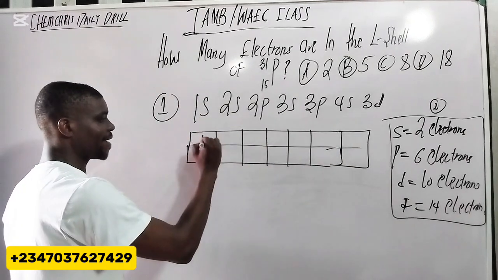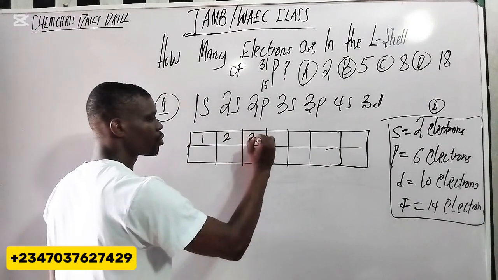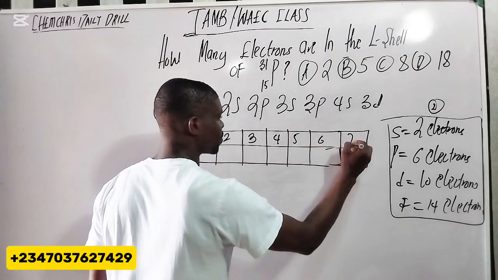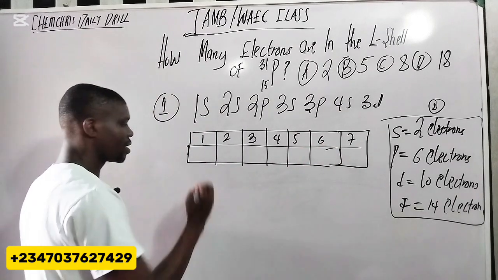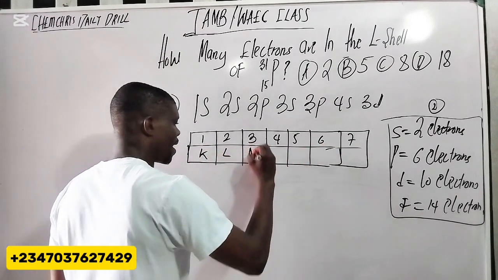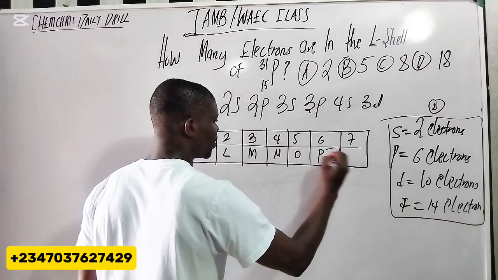So we have first energy level, second, third, fourth, fifth, sixth, and seventh. Each of them can be denoted with K, L, M, N, O, P, Q.